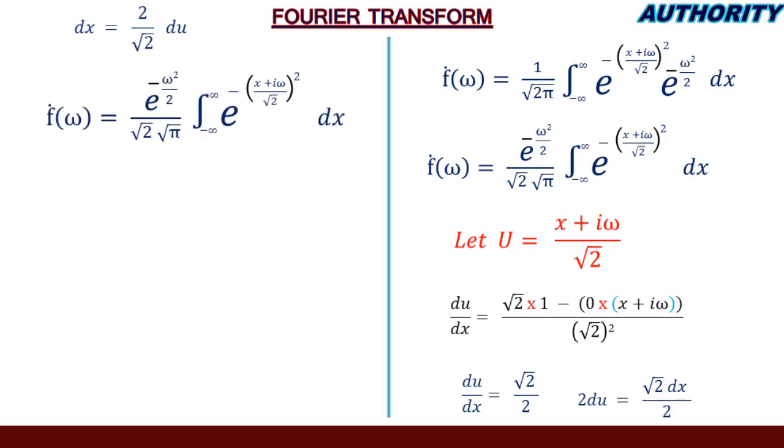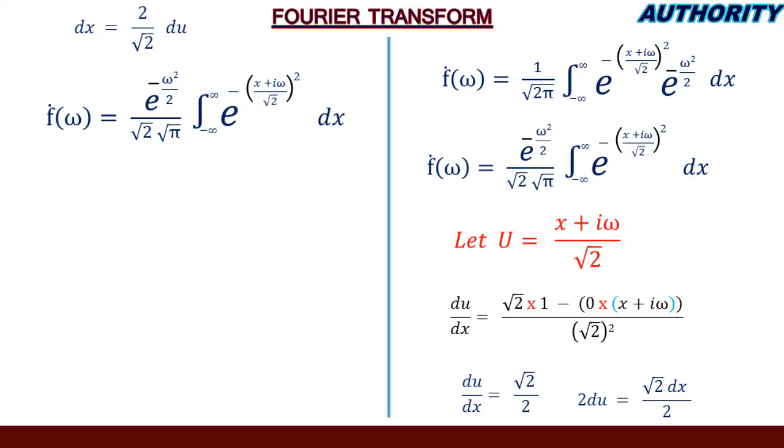In this equation 3, what do we have? We have e raised to the power of minus ω squared all over 2, all over square root of 2 times square root of pi, the integral from negative infinity to positive infinity of e raised to the power of minus [(x plus iω) all over square root of 2] squared dx.